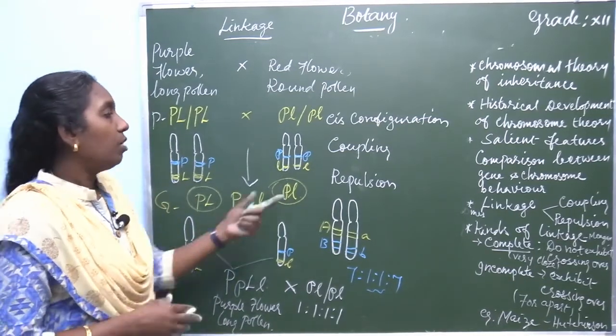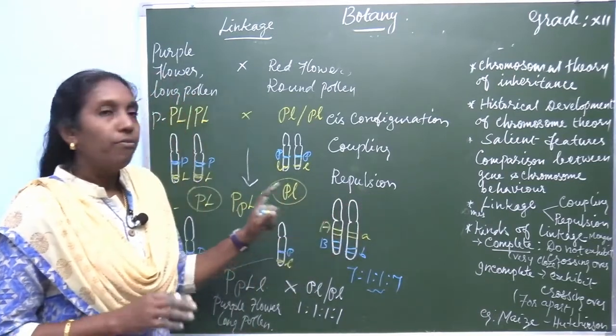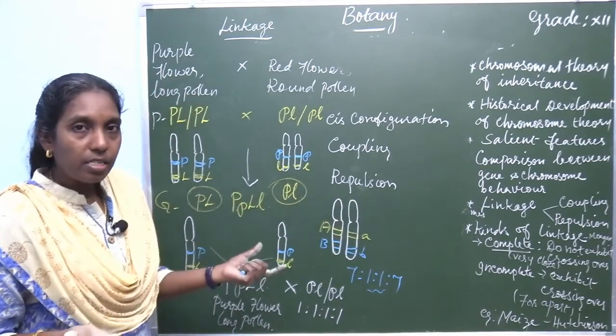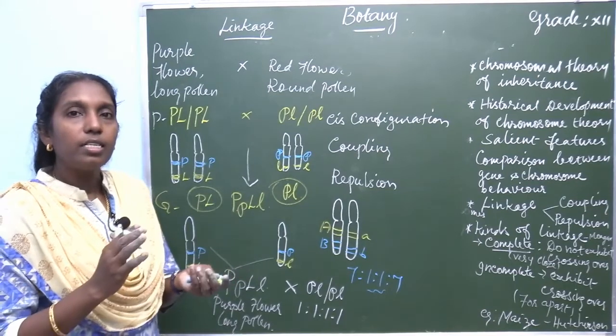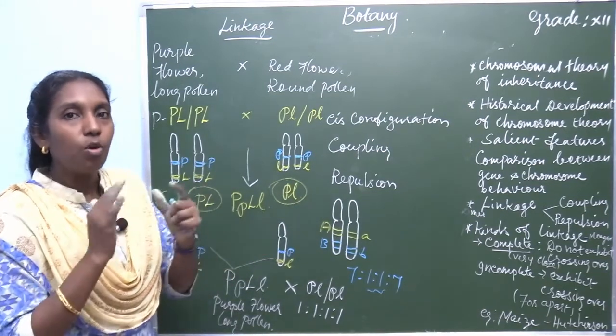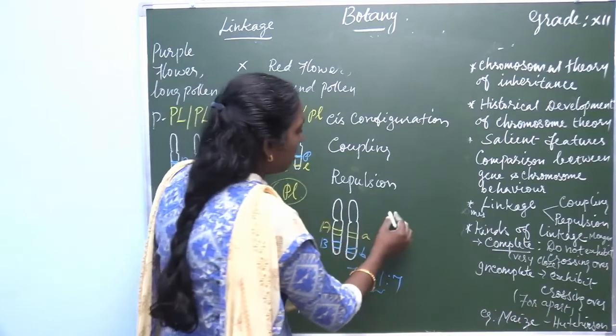And repulsion, what is meant by repulsion? When the dominant and recessive genes are located in different chromosomes but in a homologous pair. Look at this diagram.